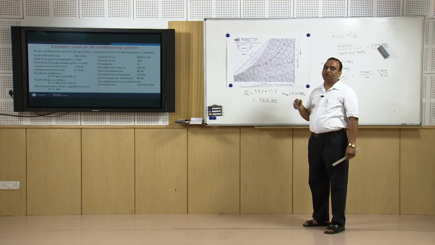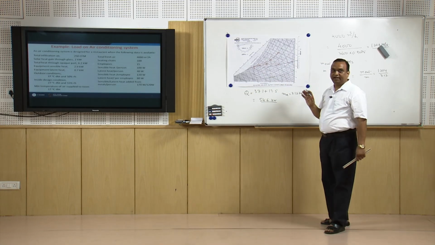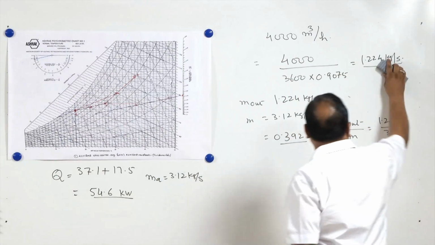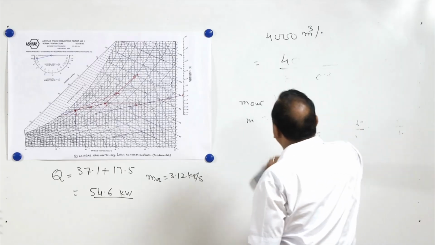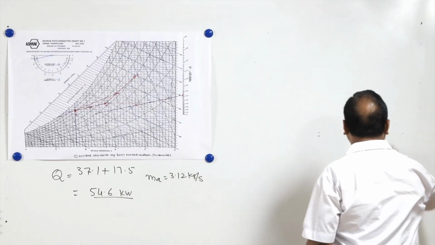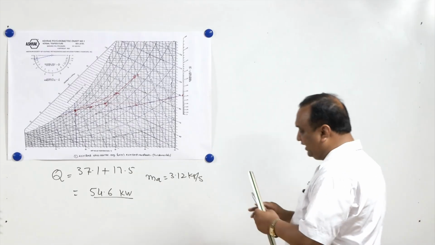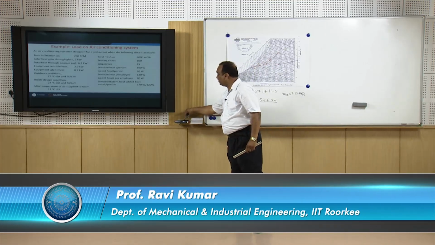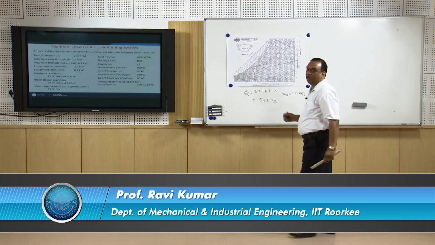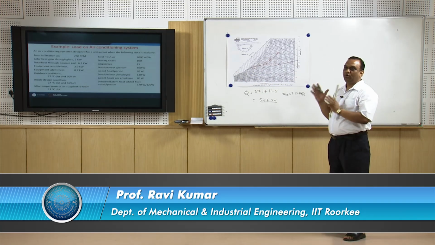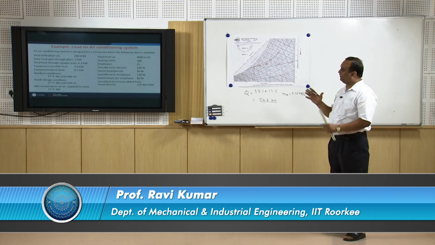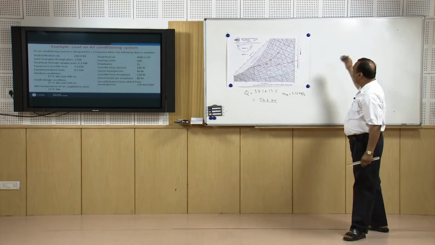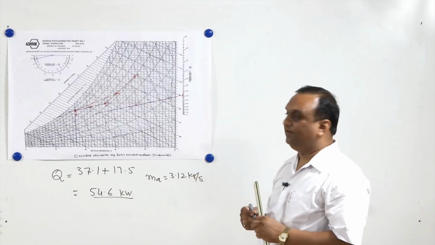Now for the circulation of air inside a room, a fan is also provided. Now there are two situations: either the fan is provided before the cooling coil or after the cooling coil. If the fan is provided after the cooling coil, then it becomes part of the load in the system. The heat added by the fan shall become a part of the sensible heat, and again we will have to calculate the sensible heat factor.